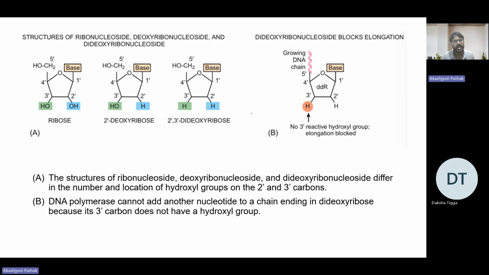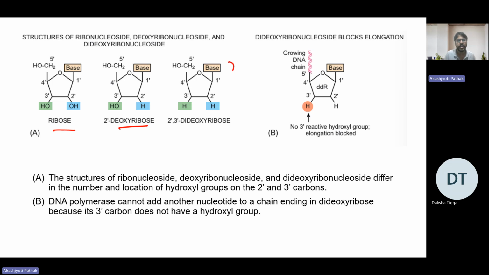Now, what is done in Sanger sequencing is that there are different sugars. In RNA you have ribose sugar, in DNA you have 2' deoxyribose sugar, and then there is 2',3' dideoxyribose sugar.